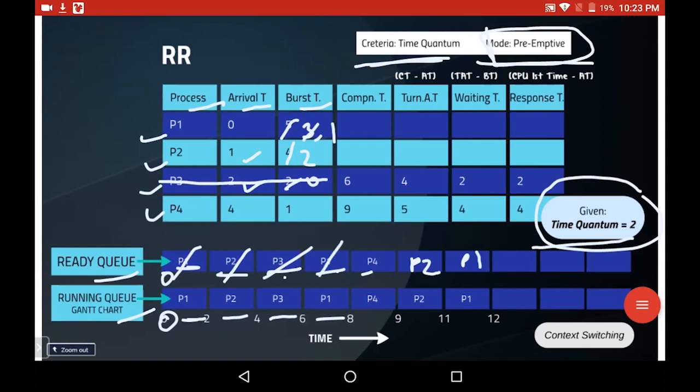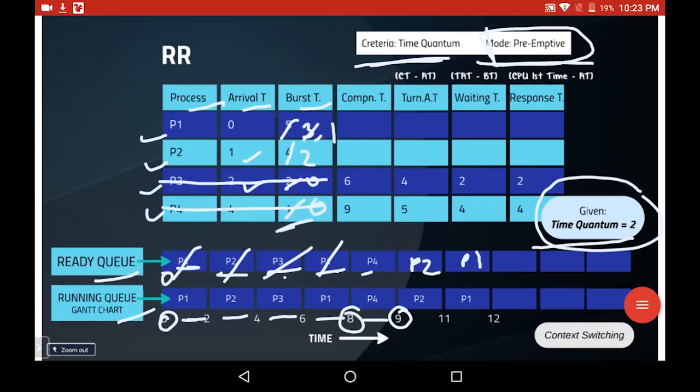And now we see P4. This is an important point. P4 burst time is 1 and time quantum is 2. So we cannot execute P4 from 8 to 10, which is wrong. We'll execute P4 from 8 to 9 because its burst time is 1. Then is P4 left? No, P4 is totally done.